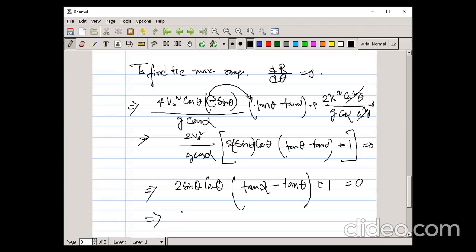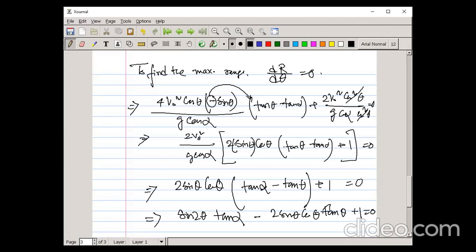Let us take this question. sin 2 theta (tan alpha minus tan theta plus 1), na? We can write tan alpha, if we just multiply, then minus 2 sin theta cos theta tan theta plus 1 is equal to 0.